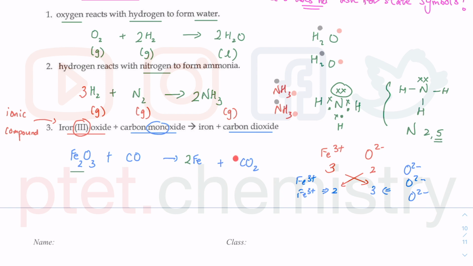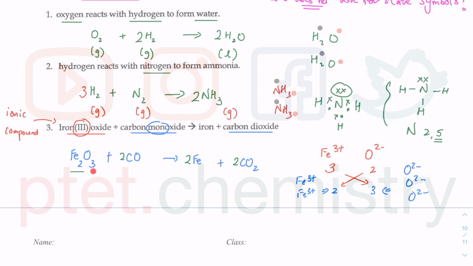If 1 carbon dioxide, 1 times 2 gives me 2 oxygen, but I've got 3 oxygen here, so clearly this cannot be 1. If I put 2, then I will have 2 carbon. I can put a 2 here, but I will have 4 oxygen. Because of the 2 carbon, I will need 2 here.